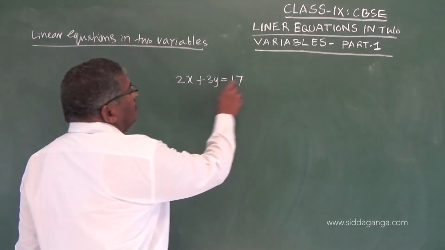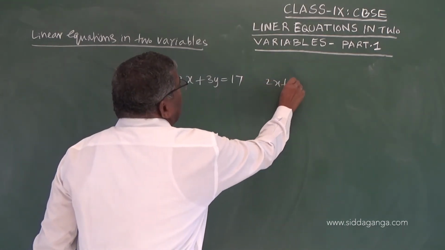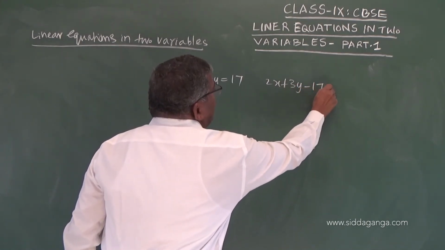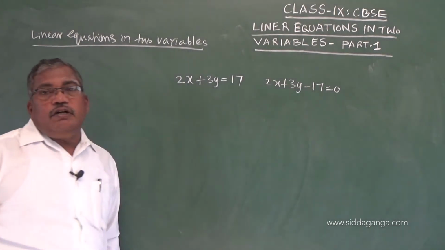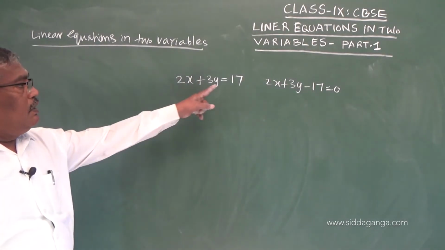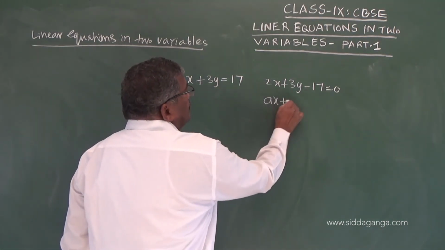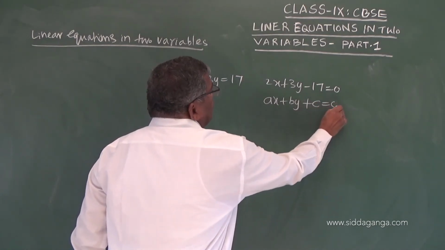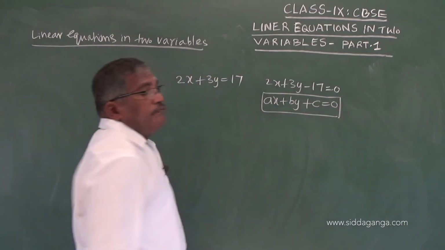This equation can be written in the form of 2x plus 3y minus 17 equals 0. It can be written in this fashion also. So we call it as ax plus by plus c form. Remember this is very important.